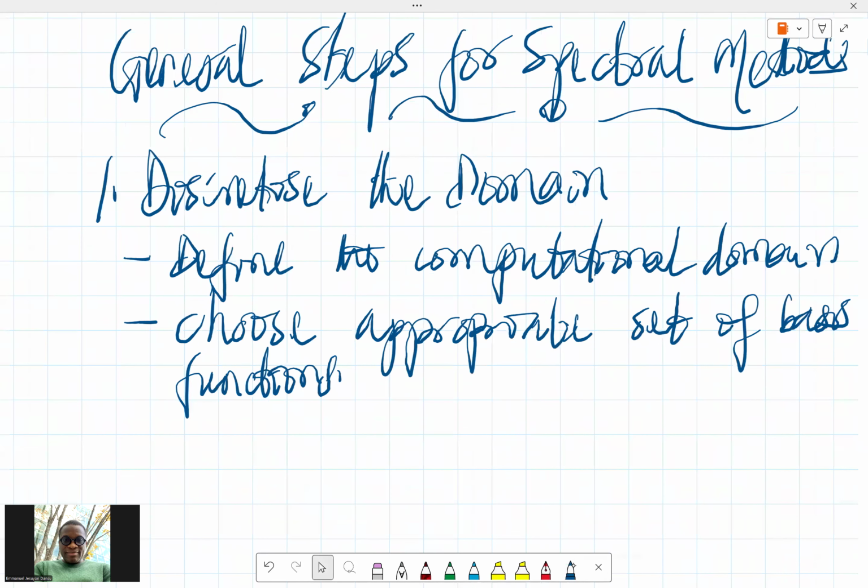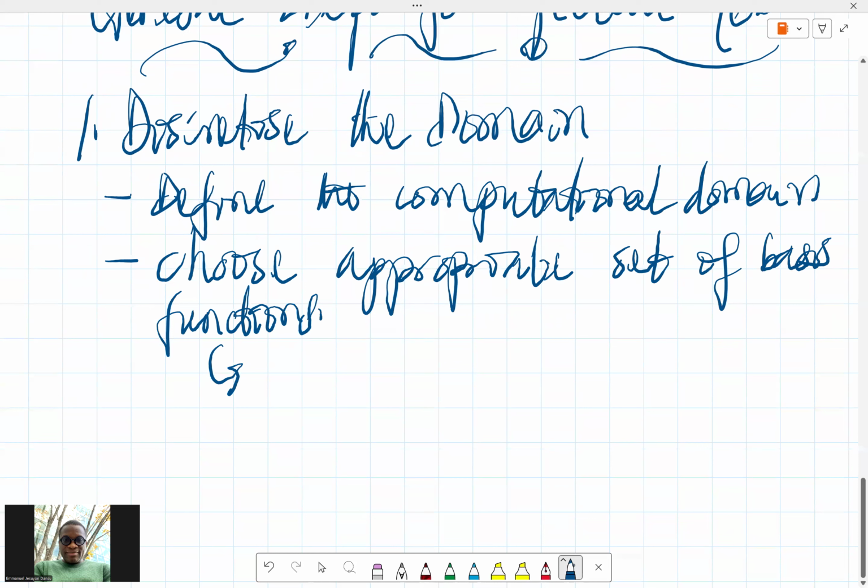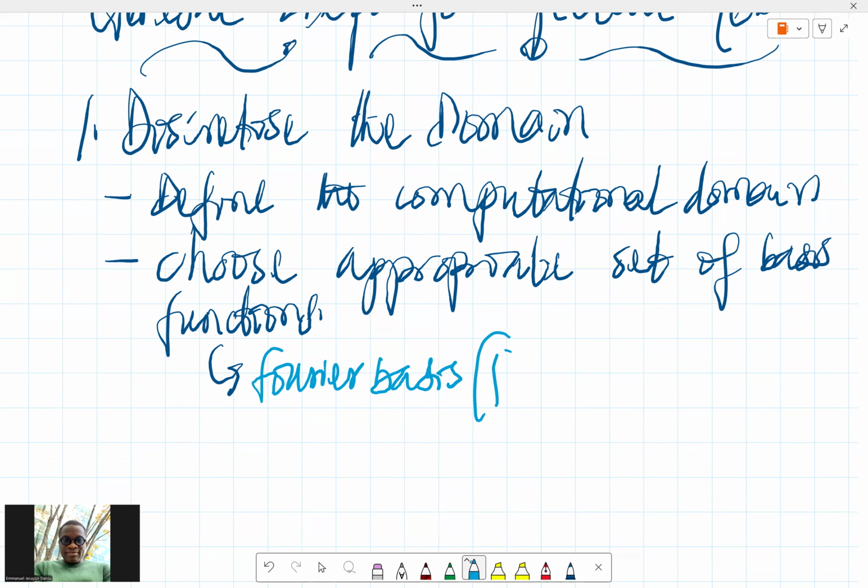You can have some of these choices: Fourier basis for periodic problems. Fourier is very good with periodicity.